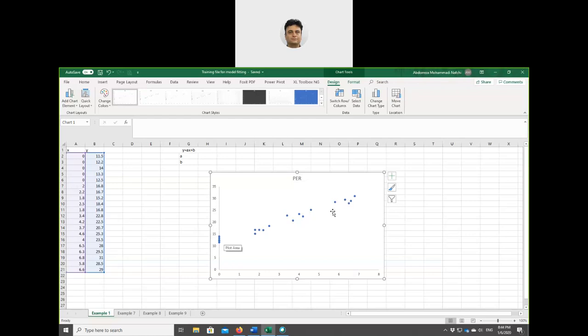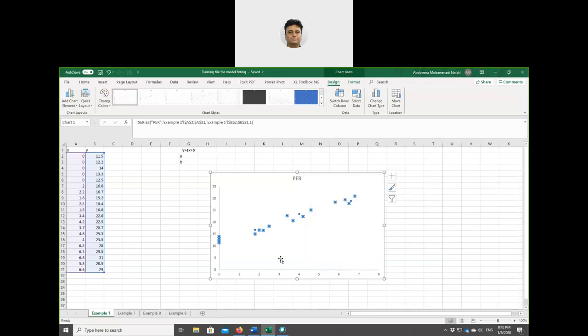Just right click on one of the data points. This window will appear. Add trend line. This one, add trend line.